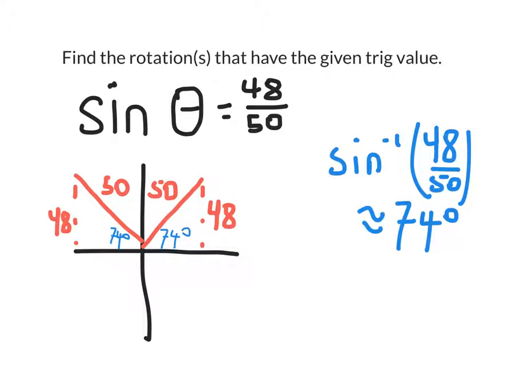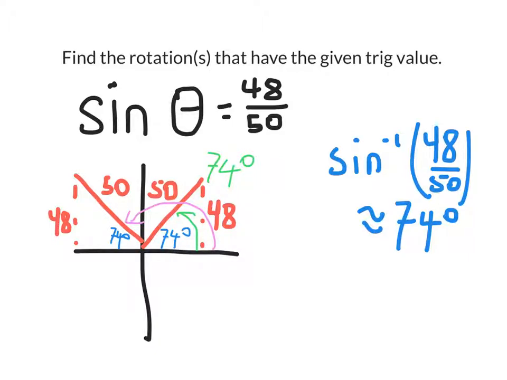So I can draw the 74-degree reference angle in each of the triangles, and then I just have to figure out the total rotation. For the first quadrant one, since we're rotating off 0 degrees, the rotation is just the same as the reference angle, so 74 degrees.